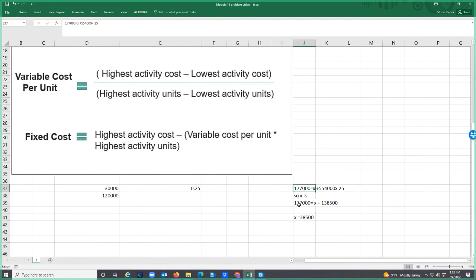So 177 equals X plus 138.5. If I solve for X, I get 38,000.